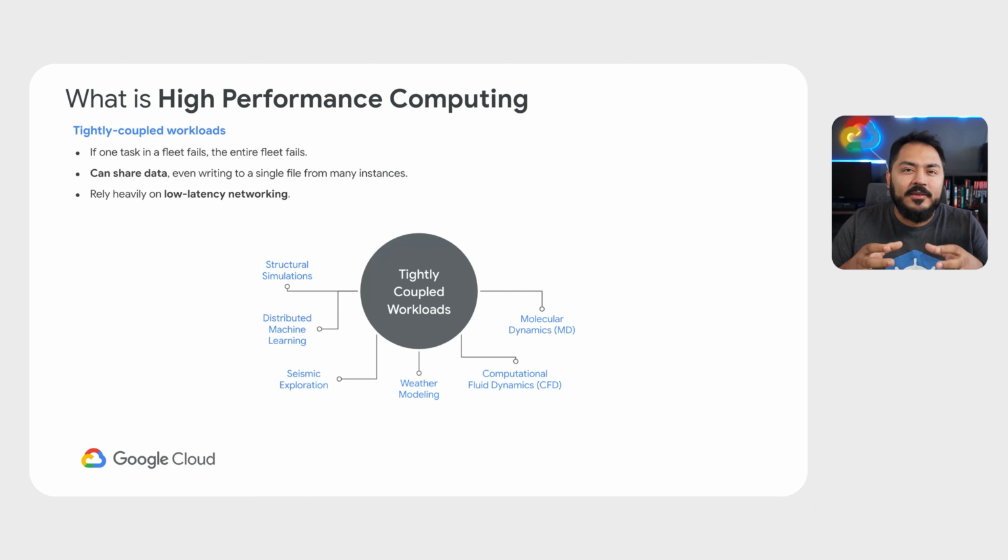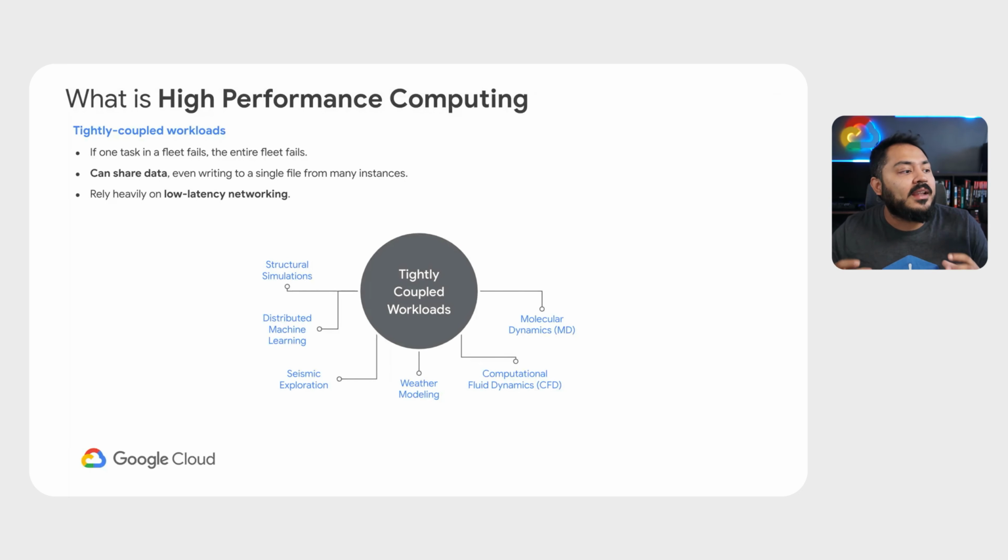In HPC, you can divide the workload in two general terms, tightly coupled and loosely coupled. Tightly coupled workloads generally means if one of the tasks in the fleet fails, the entire fleet fails. They can share data, even writing to a single file from many instances. They rely heavily on low latency networking.